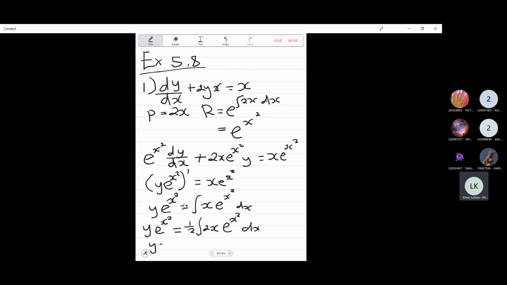So y e to the power of x squared is a half times e to the power of x squared plus our constant of integration. As always, you can multiply by the fraction that we have, but I think this looks just as good.